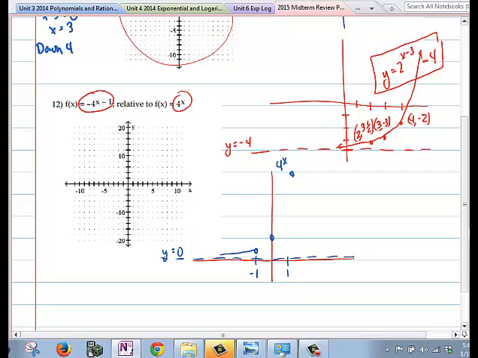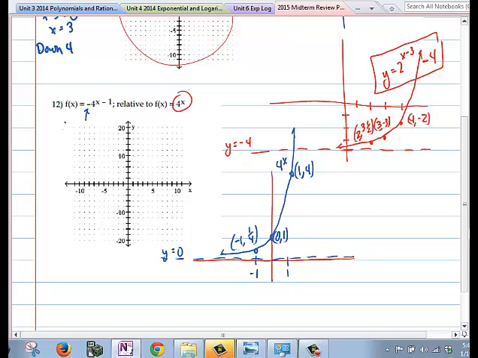So again, this is a growth function. And I'm going to label these points just so that I can use them later. And now I'm going to identify what type of movements I have for this function.